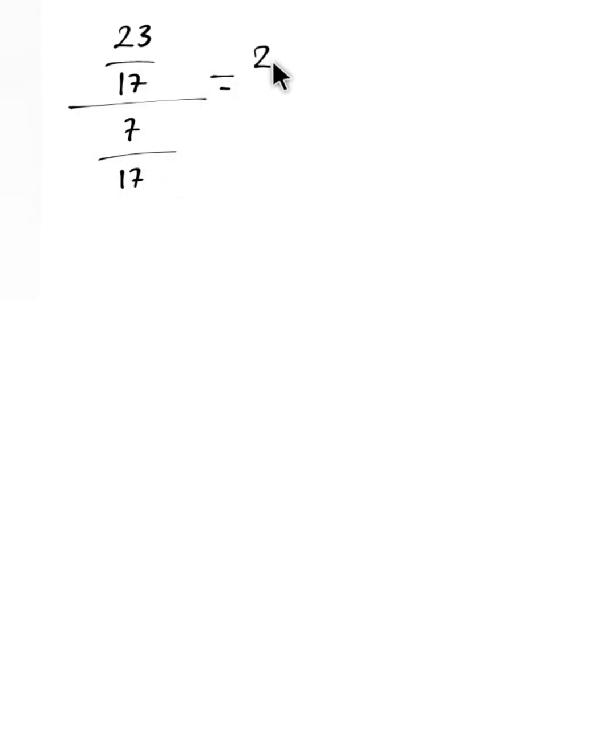This is equal to 23 over 17 divided by 7 over 17. There's the division sign here. If we simplify further, we can easily convert this division sign to a multiplication sign. Then we're going to reverse these two numbers: 17 will go up, and 7 will come down.